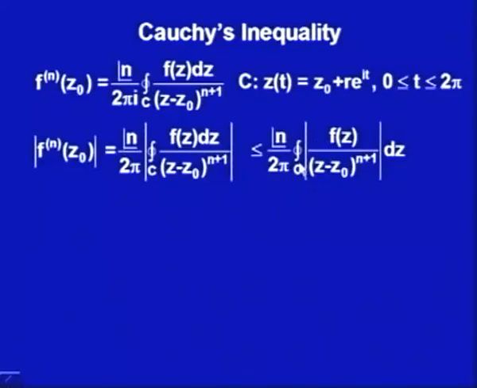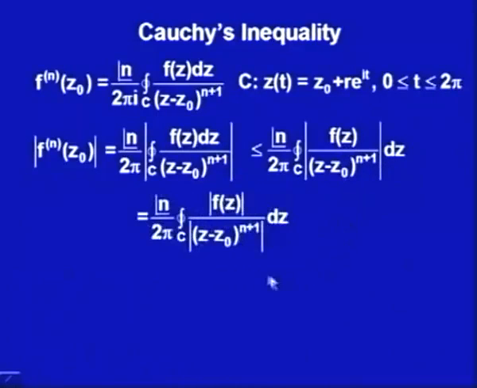This is the simple result, if you have done it in real analysis also, that the absolute value of the integral is less than or equal to the integral of the absolute value. Now, this absolute value would be the absolute value of f(z) upon the absolute value of (z minus z naught) to the power n plus 1. Now, from (z minus z naught) to the power n plus 1, I would get r to the power n plus 1 into (e to the power i t) to the power n plus 1.